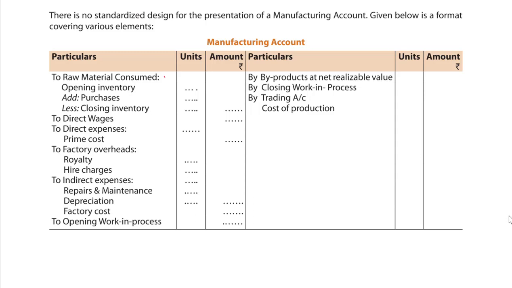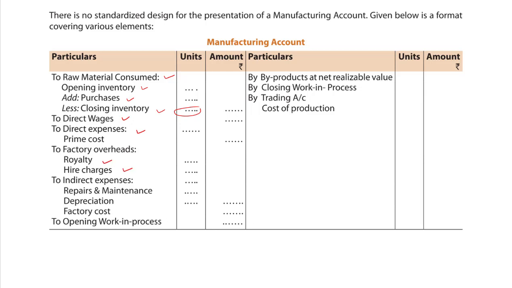On the debit side, we have raw material consumed. We have learnt how to calculate raw material consumed: opening inventory plus purchases less closing inventory will give us raw material consumed. Direct wages and direct expenses will give us prime cost.